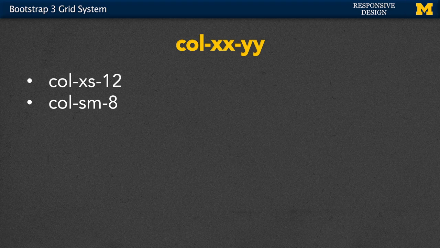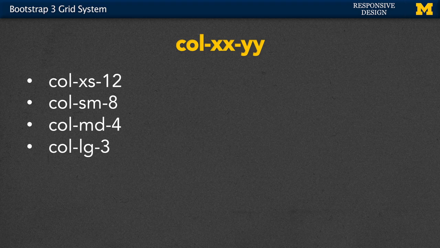If you're looking at one that has a class of col-sm-8, oh, now you want to take up 8 out of those 12 columns, but only on the small screen. For col-md-4, you're saying, oh, if I'm on a medium screen, I want to use up 4 columns, or 1/3 of the entire screen size.